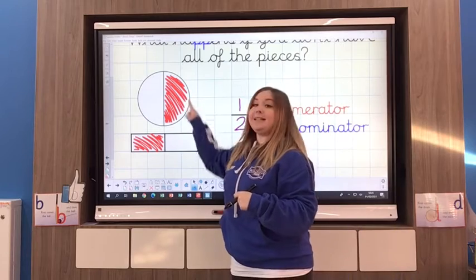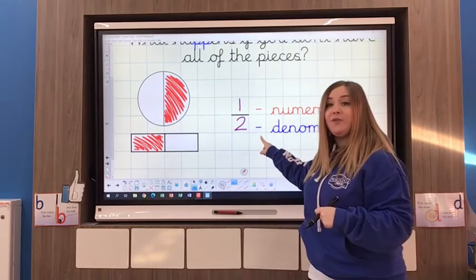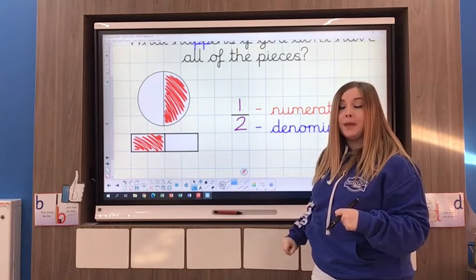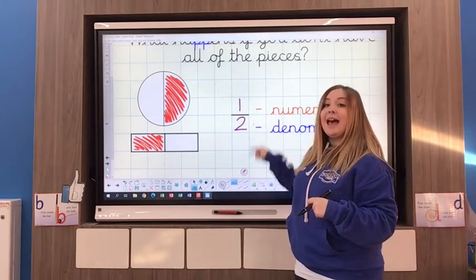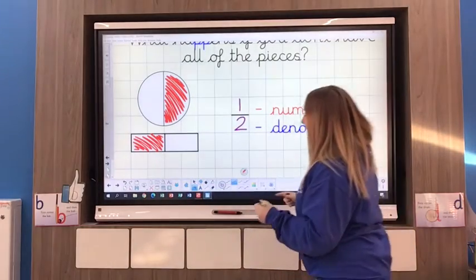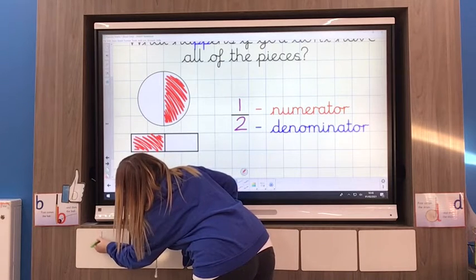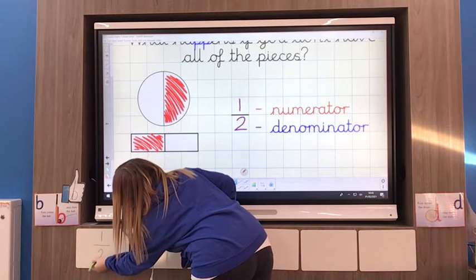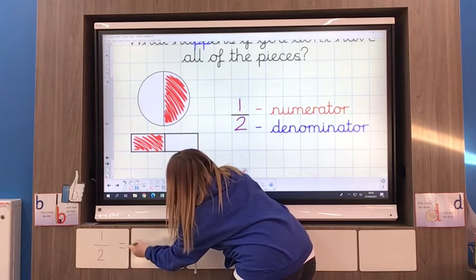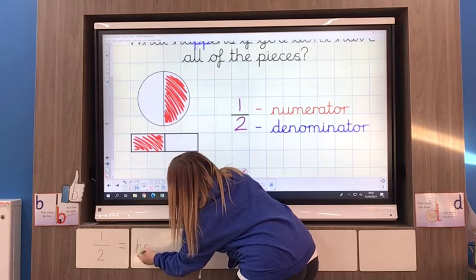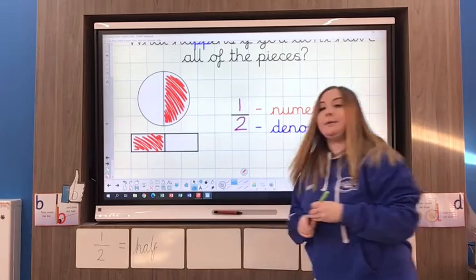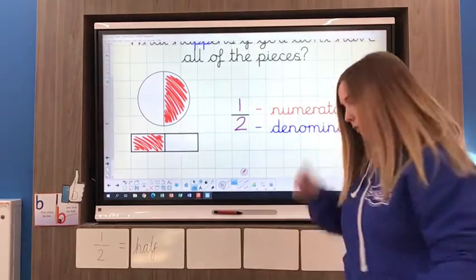So even though my diagram looks a little bit different, my fraction has stayed the same. We say this fraction as a 1/2. And I'm going to write that on one of my boards underneath my whiteboard. So 1 line 2 equals a 1/2. Okay, let's have another go then.